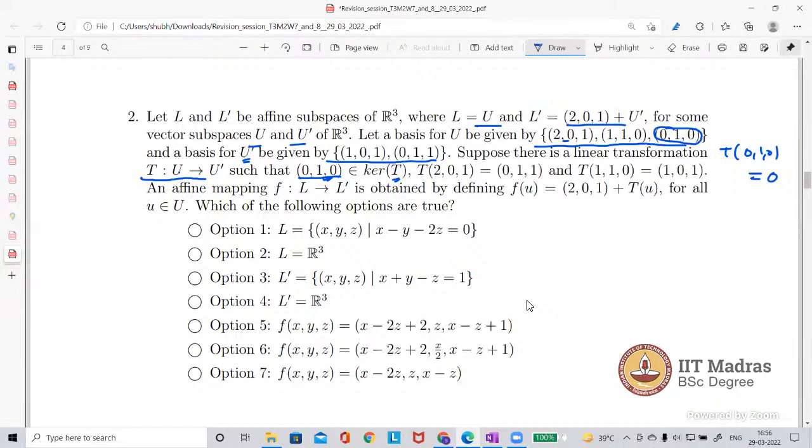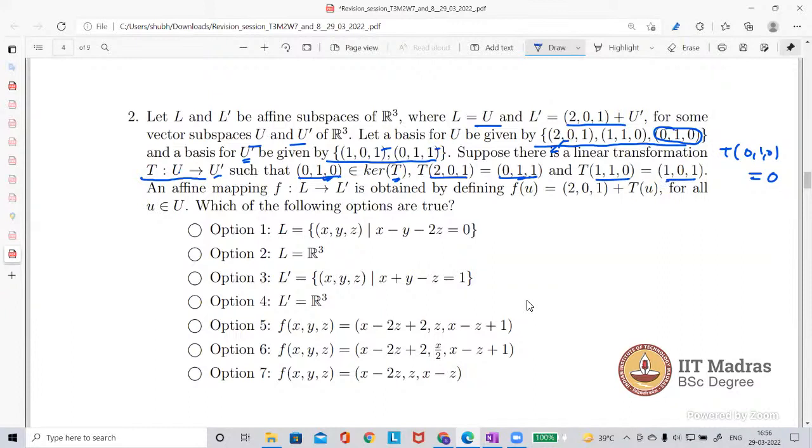For the second vector, the image is given here. The first vector's image is given as this one, and the second vector's image is given as this one. These two are vectors from the basis of U prime.